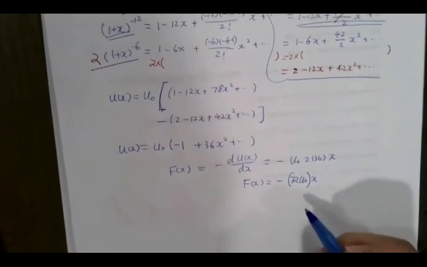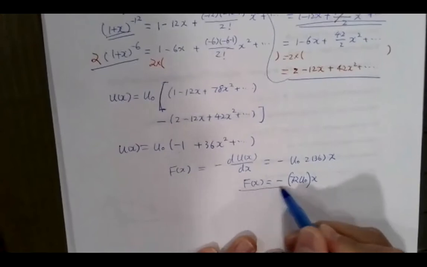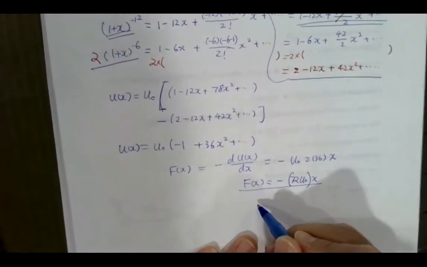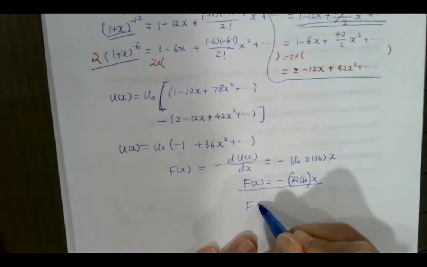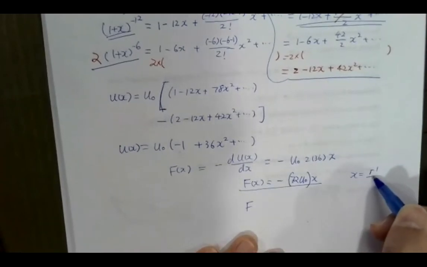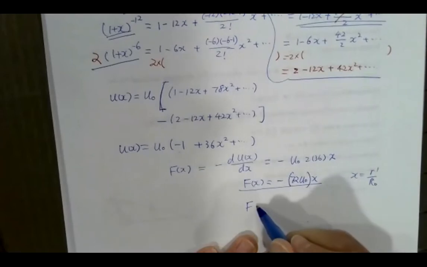Now this is F as a function of x. We need to return to the original variable, where x is equal to r prime divided by R naught.